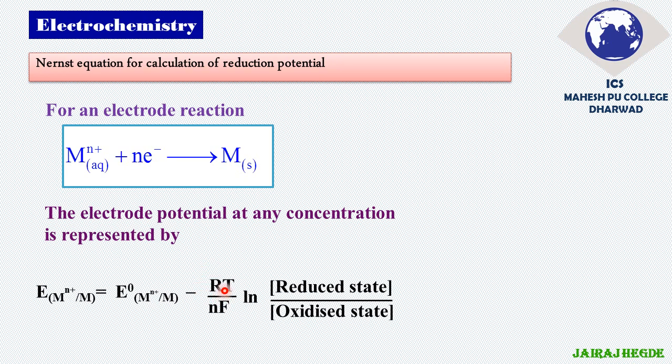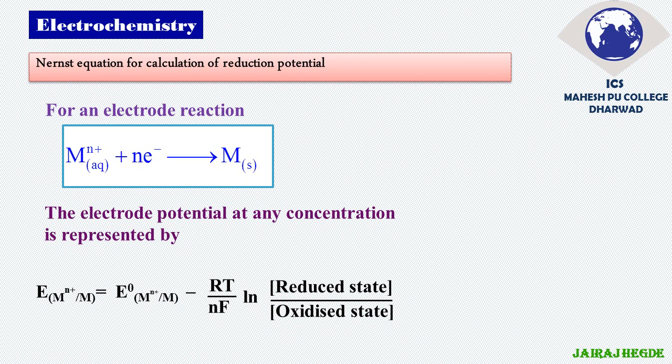This is R, universal gas constant, and this is temperature in Kelvin. This is the number of electrons changing during the reaction, and this is farad. This is what is called farad, and this is the ln of the concentration of the reactant, that is the metal at its reduced state, to the concentration of metal ion in its oxidized state.